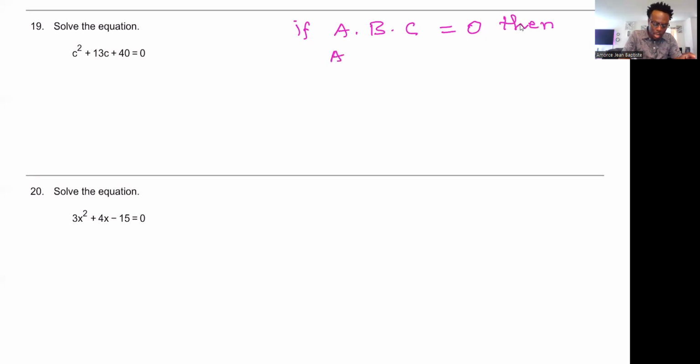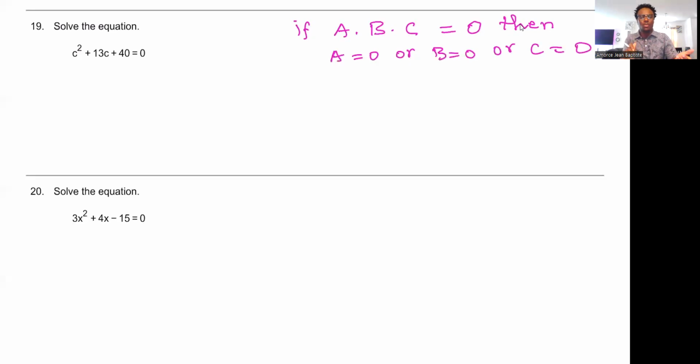It's A equals 0, or B equals 0, or C equals 0. Now, it gives you the opportunity to explore all the possibilities for this product expression to be 0. And then that's going to be the set of your solution.